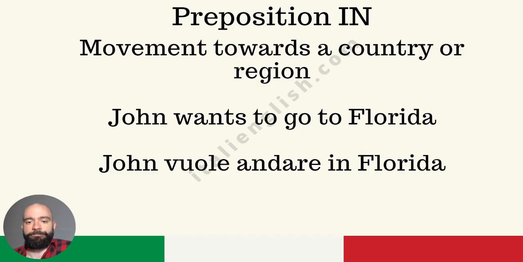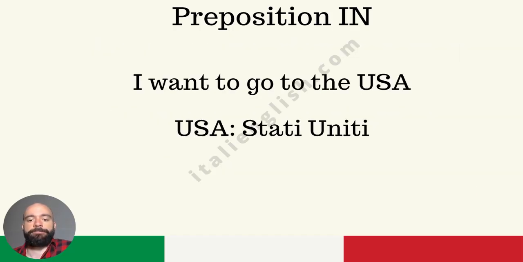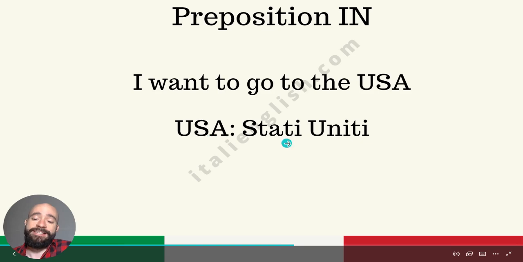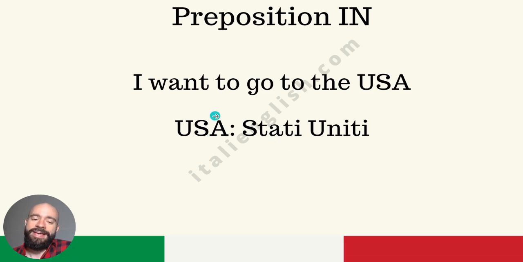Okay. Next, I want to go to the United States of America. United States of America is Stati Uniti. Give me this one and pay attention because Stati Uniti is plural. I'll give you a hint here.